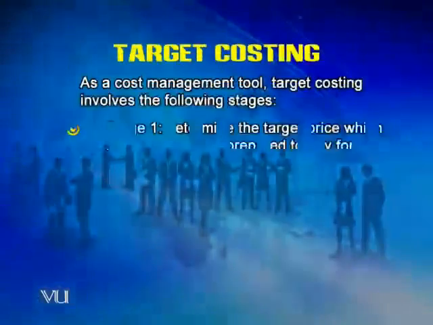And the idea is to achieve the target cost. Once the target cost is achieved, then the product can be launched and you can expect the profit. And it can also determine your decision to produce or not, because if the target is not achieved, then the organization should not actually go into production of that product.